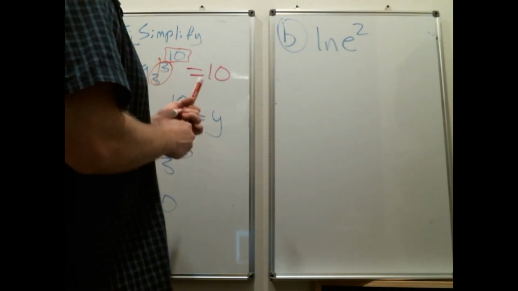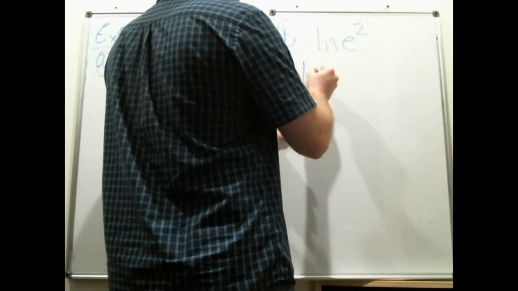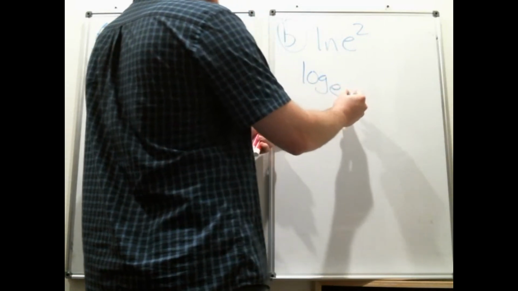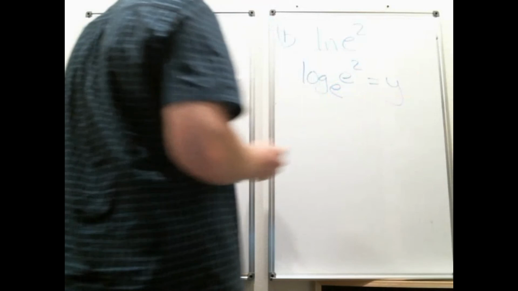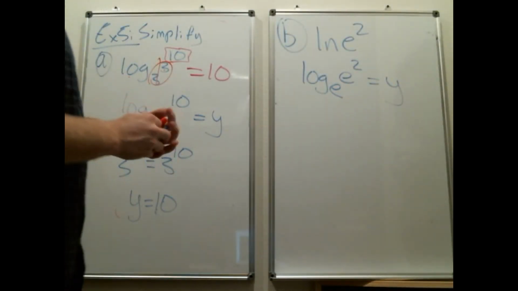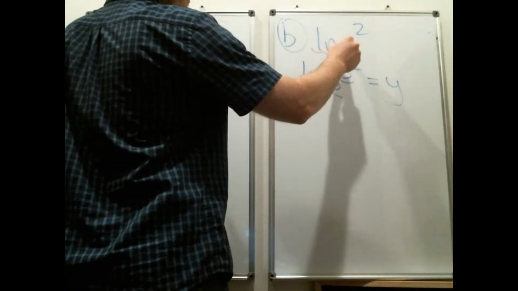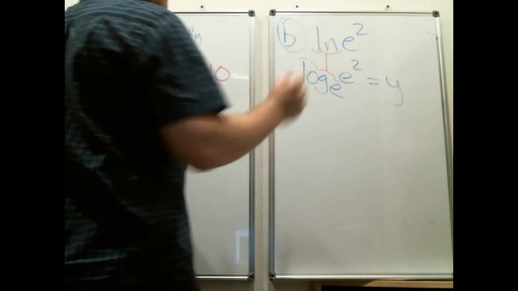So we can rewrite ln as log base e of e to the 2nd power, and we'll say that's equal to y. Remember, this natural log became this portion here.